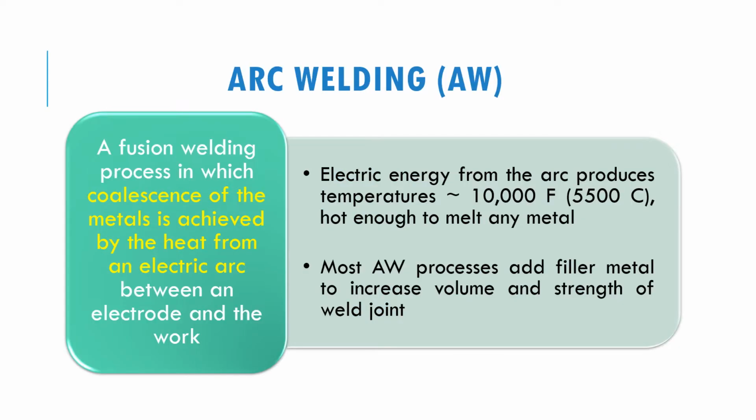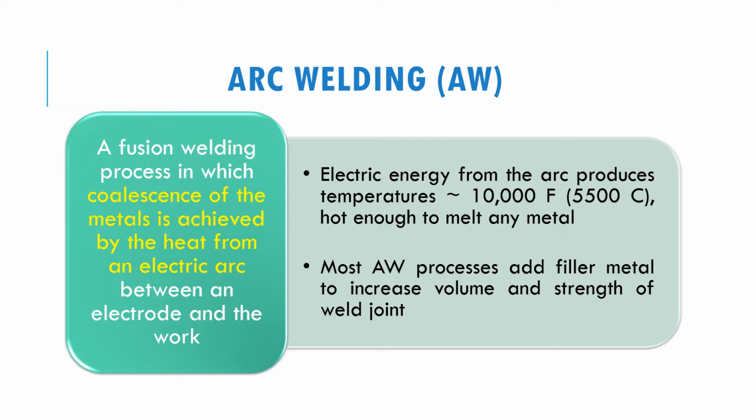So what is arc welding? Arc welding is a fusion welding process where coalescence of the metal is achieved by the heat from the electric arc between the electrode and the work. The temperature is usually around 10,000 Fahrenheit or around 5,500 degrees Celsius, which is hot enough to melt any metal.